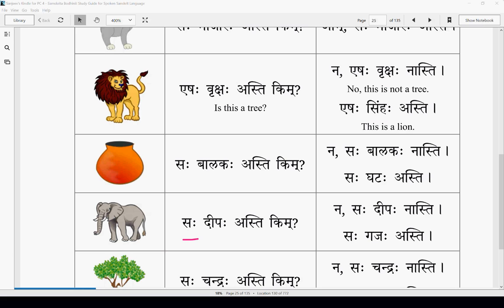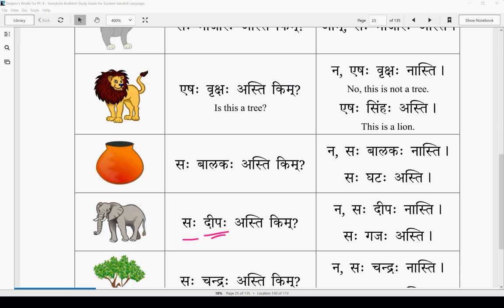"Saha agnihi asti kim?" Agni? Okay. Deepah. Oh, okay, I'm looking at the book. "Saha deepah asti kim?